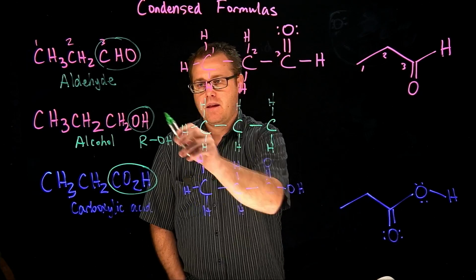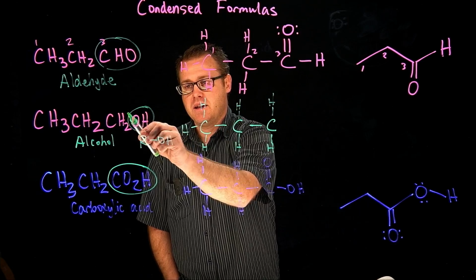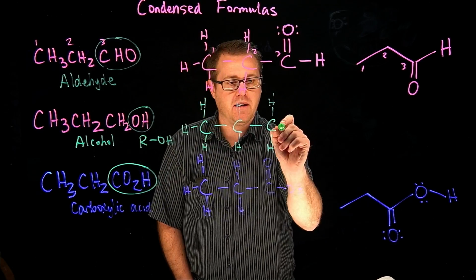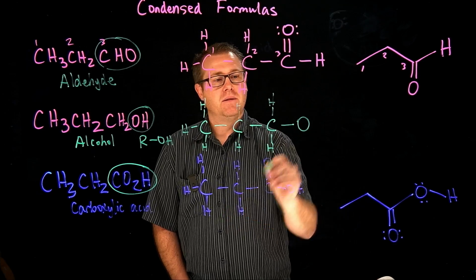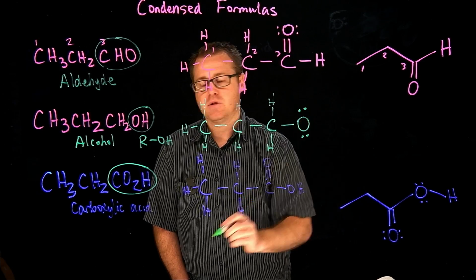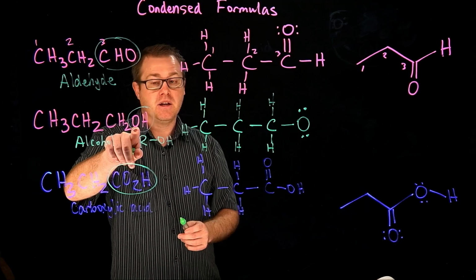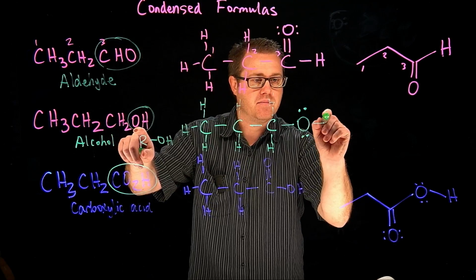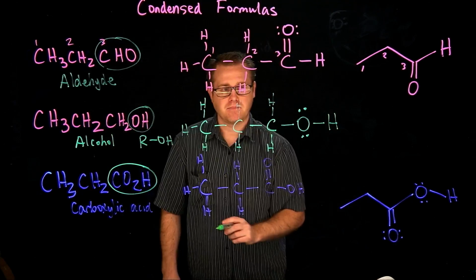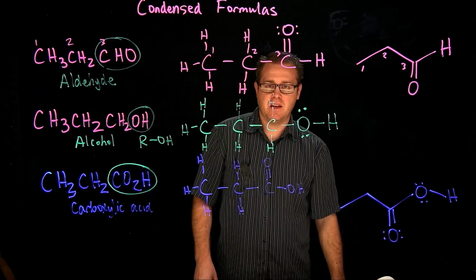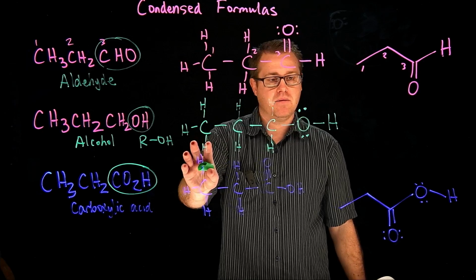Now, this oxygen is directly attached to carbon 3. And that has 2 lone pairs. And that hydrogen is directly bonded to the oxygen atom, like that. And that is the Lewis structure of this alcohol.